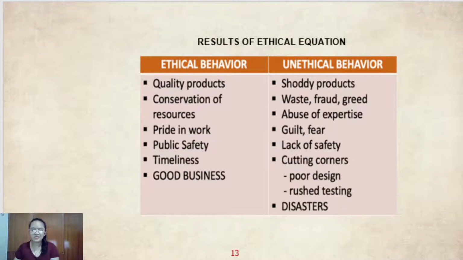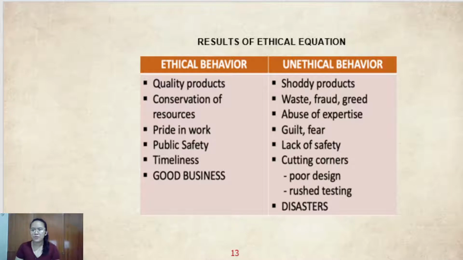Unethical behavior is an action that falls outside of what is considered morally right or proper for a person, a profession, or an industry. First is shoddy product. When we say shoddy, it means poor quality, low grade, second rate, or cheap. Next is waste, fraud, and greed.